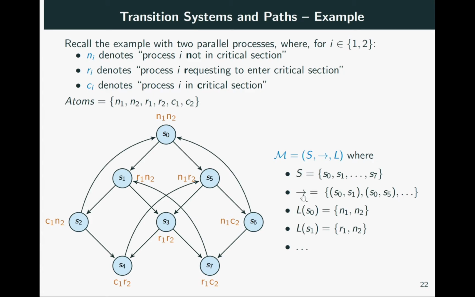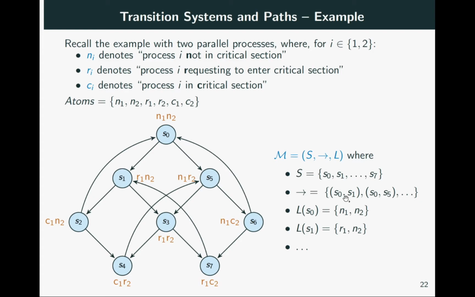The set of states S, as I said, consists of S0, S1 up to S7. And the transition relation consists of the pairs indicated here graphically. So S0, S1, S0, S5, S1, S2, S1, S3, S5, S3, and so on. S2, S5, S2, S0, S2, S4. So everything that is shown on this picture becomes a pair in this set.